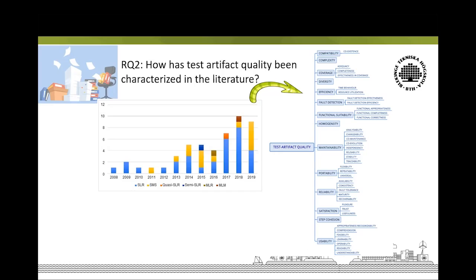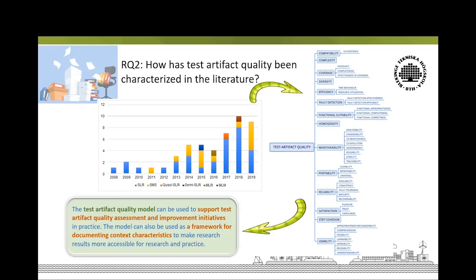And we try to understand, or at least using our understanding, to see whether there are some quality attributes which could be relevant for test artifact quality assessment as well. So for example, we have here satisfaction. These are actually from the ISO standard, but we include them to provide a broader view of test artifact quality.